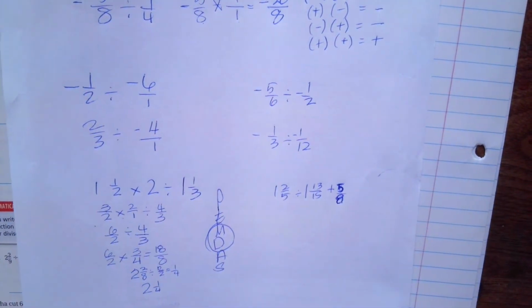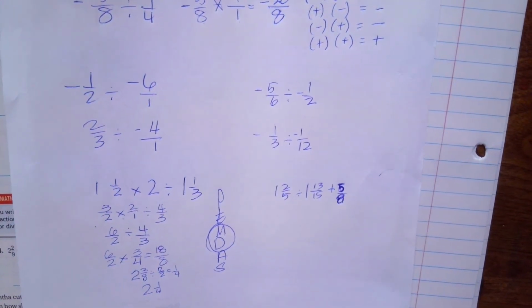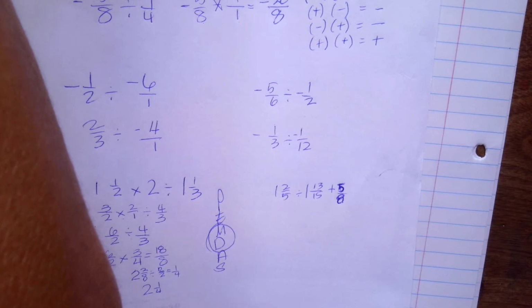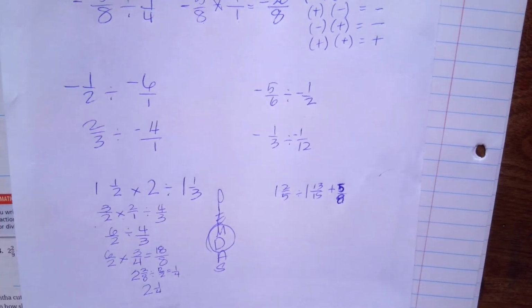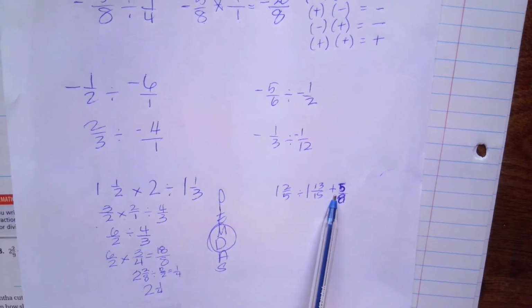Okay, so for this one, if we're doing PEMDAS, we have to decide what we do first. So first, we have to do our division, and then whatever we get, we would do our addition after that.